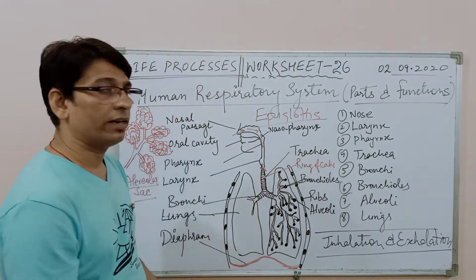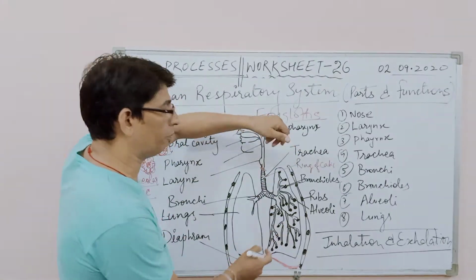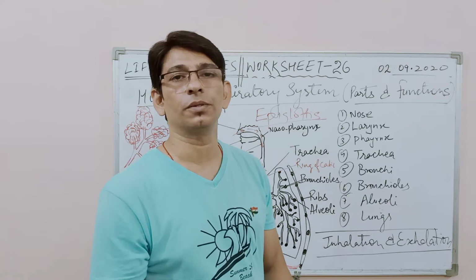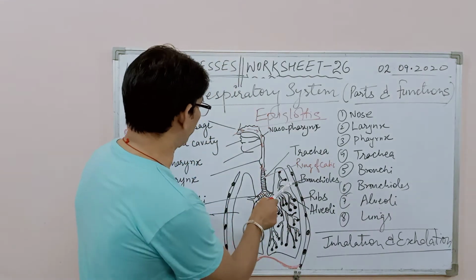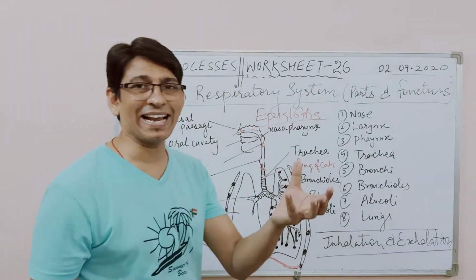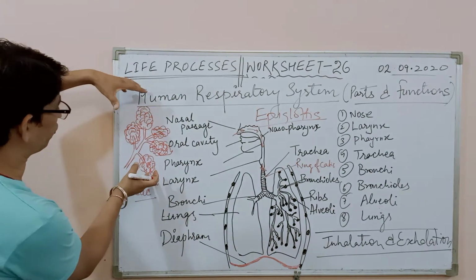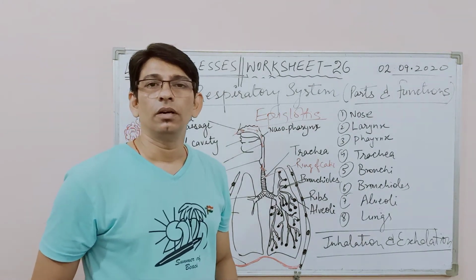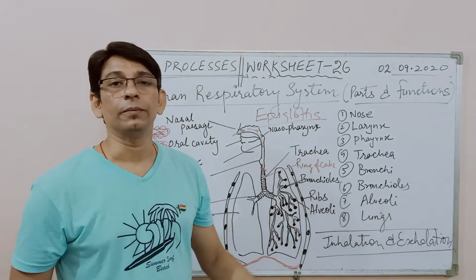These bronchi terminate into a large number of bronchioles, smaller, thin, fine bronchioles. And at the tip of these bronchioles, there are sac-like structures. These are like a bunch of grapes you are seeing here. Sac-like structures which are called as alveoli.